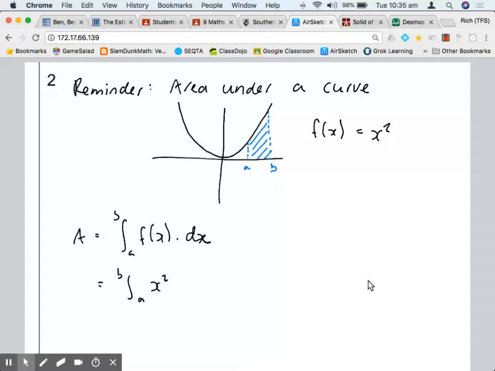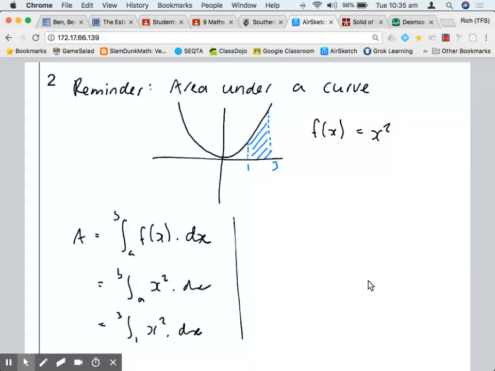And so if we take some specific endpoints, like so, between 1 and 3, for example, then we would have the integral between 3 and 1 of x squared dx.